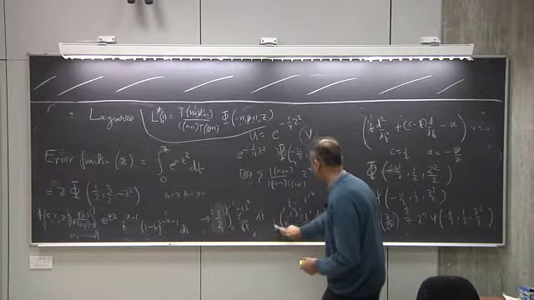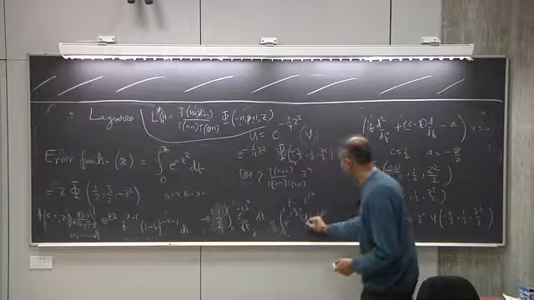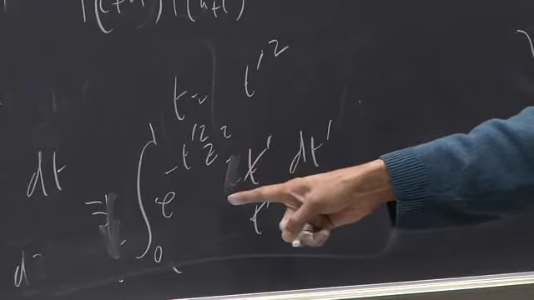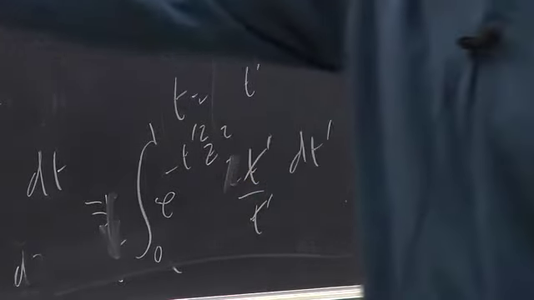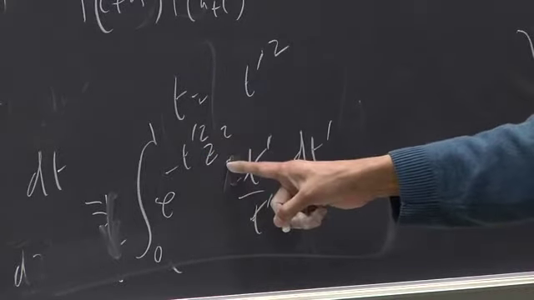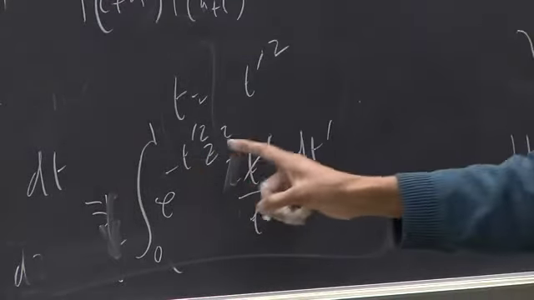The 2 cancels and t prime cancels. Now it's just a Gaussian, except that here there is a t prime squared z squared.